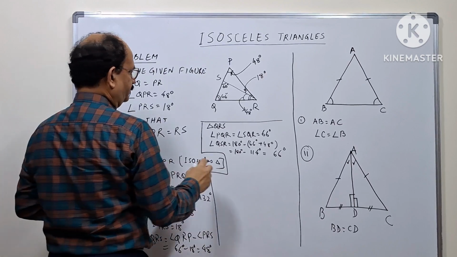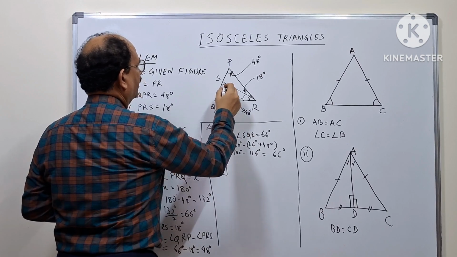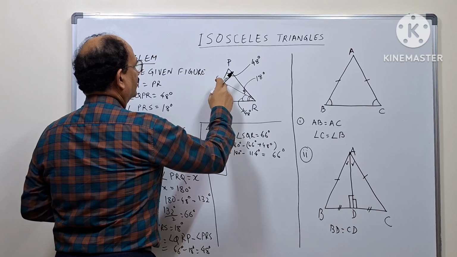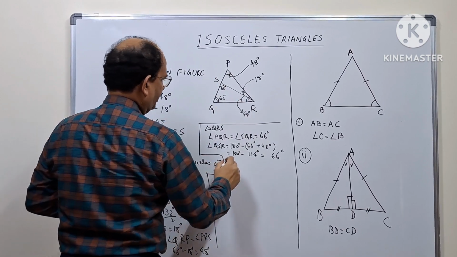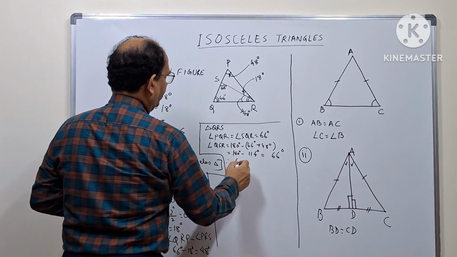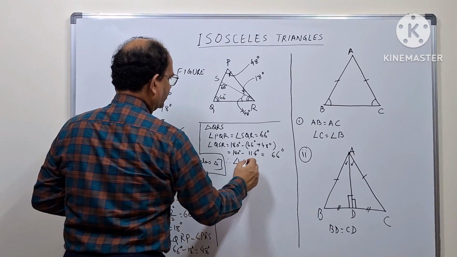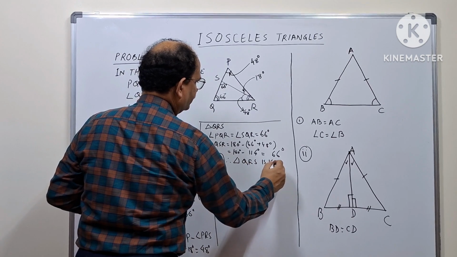Now, because this angle PQR is 66 degrees and this angle QSR is also 66 degrees, therefore triangle QRS is isosceles.